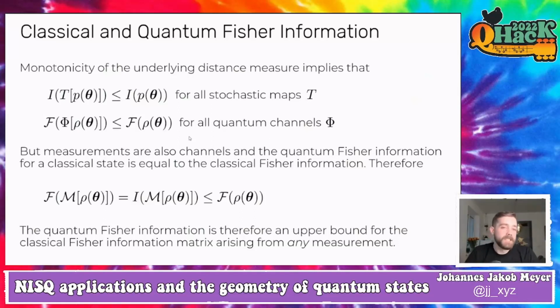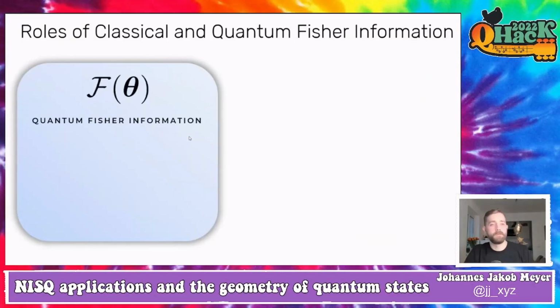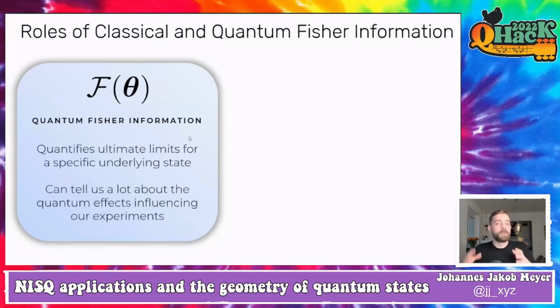And this directly brings us to the roles of the classical and quantum Fisher information. First, we have the quantum Fisher information, which quantifies the ultimate limits. There's no more to be done than what this quantity gives you. And it also tells you a lot about the quantum effects that are happening in your system, for example.